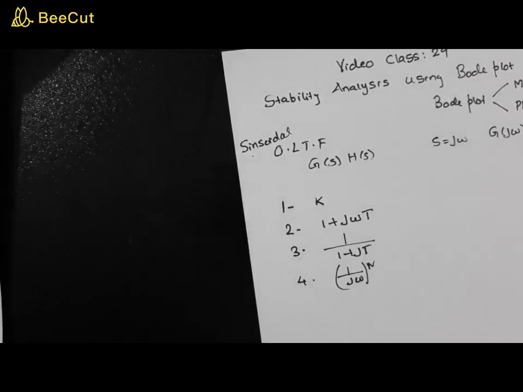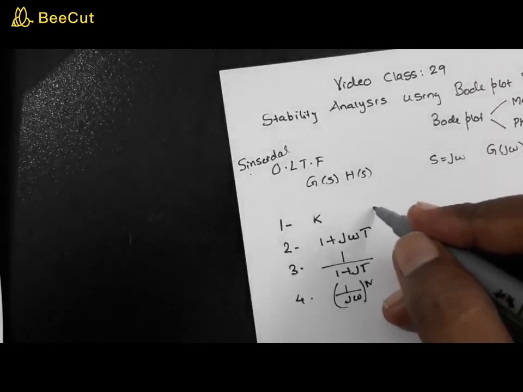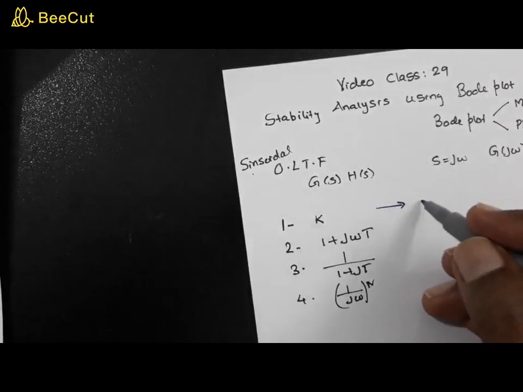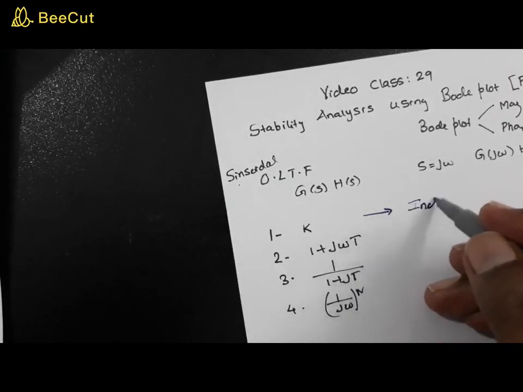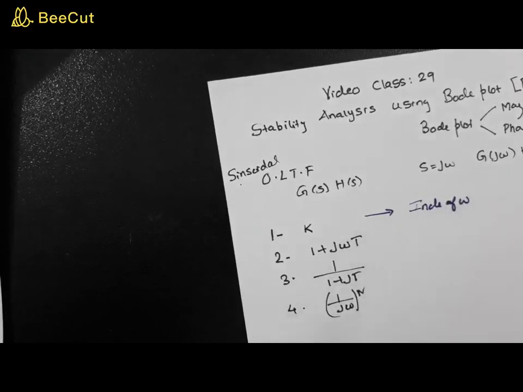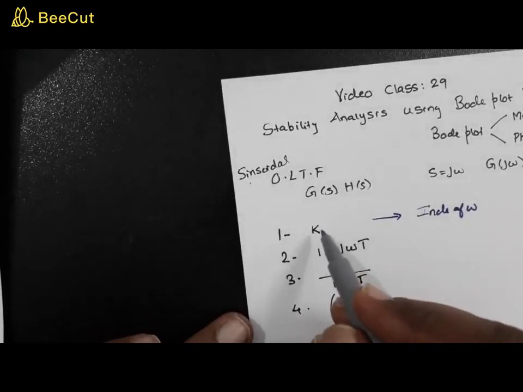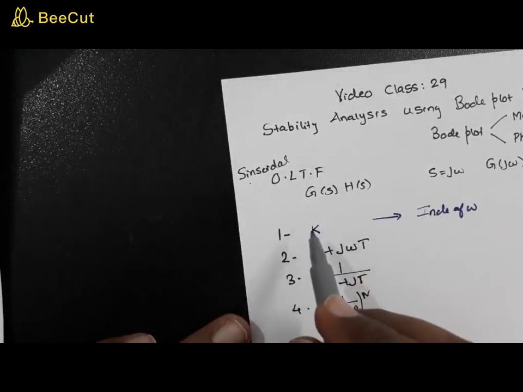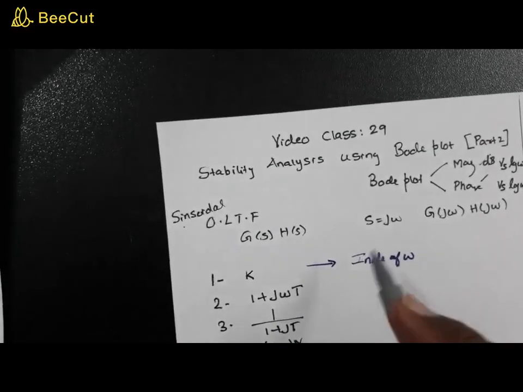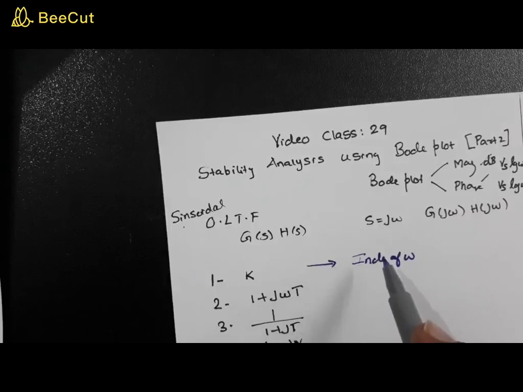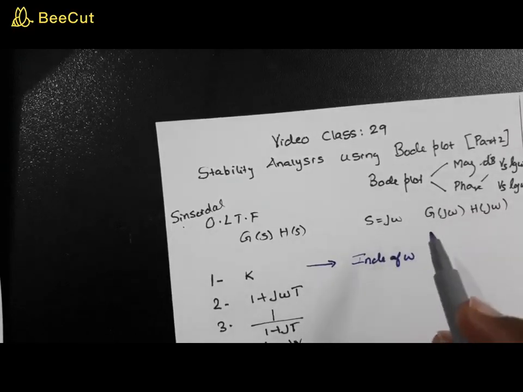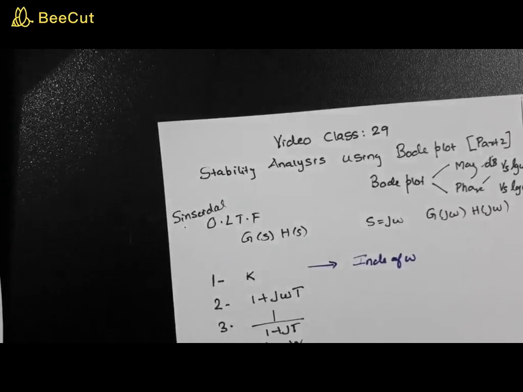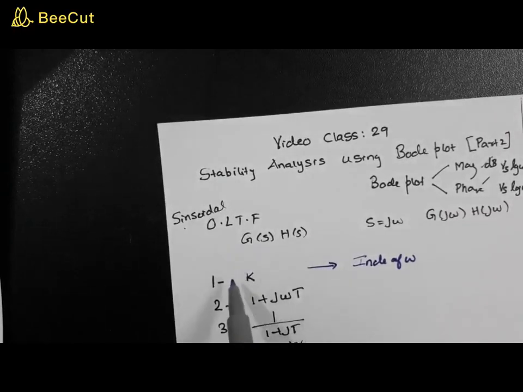Now coming to this expression, here you cannot find any omega, so this term is totally independent of omega. Meaning if you find out the magnitude and the phase of this term, you will get a value which is totally independent of omega, constant throughout all the frequencies. So there is no variation for this, that will be a constant.